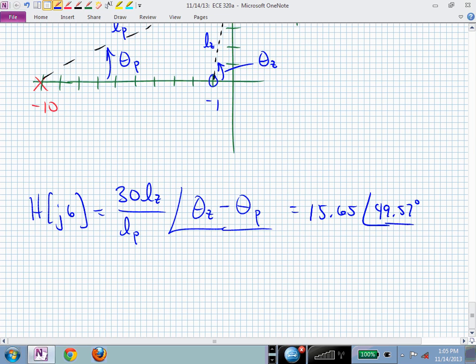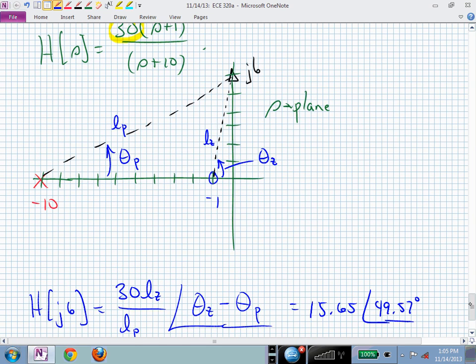Questions on that? And does that make sense? Is your zero angle bigger than your pole angle by inspection? It is, isn't it? Your zero angle is pretty big and your pole angle is under 45. So you would expect to have a positive angle, and your zero length is about 6.